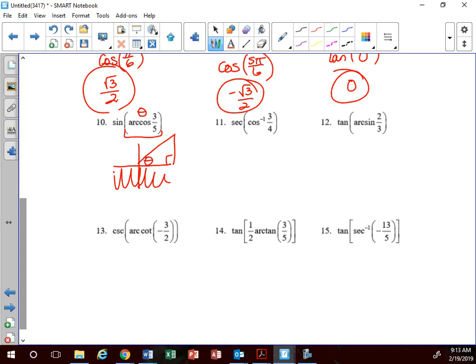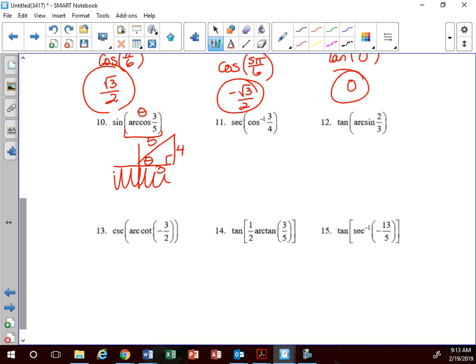Yep, adjacent, so down here is 3. Hypotenuse is 5. Could you label the other side? Yes, 4. That is the entire purpose of what's on the inside. It's just to give you the triangle labeled, because you now have your theta.